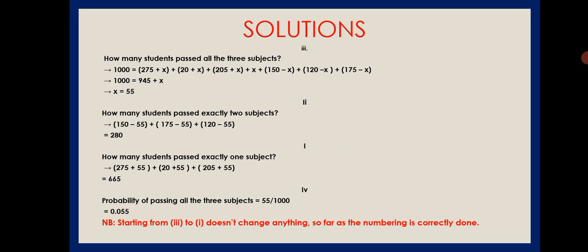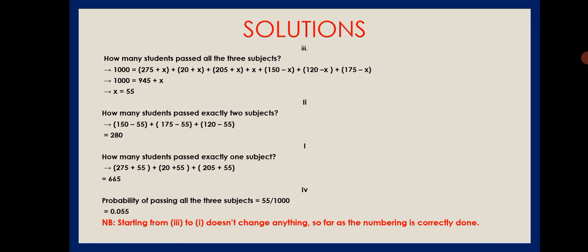Then the probability, last question. We said probability of passing all the 3 subjects, the outcome over the total. Meaning, when we calculated for the students who passed all the 3 subjects, we had our x to be 55.